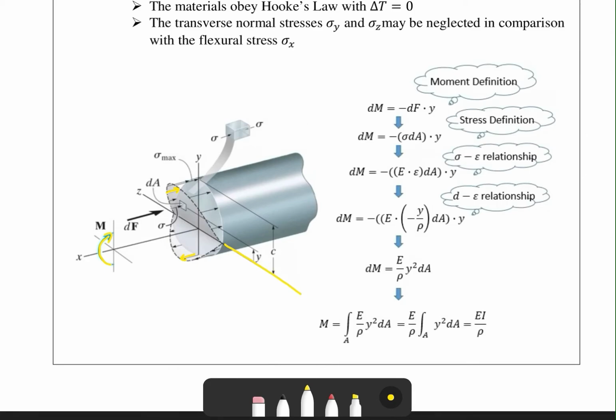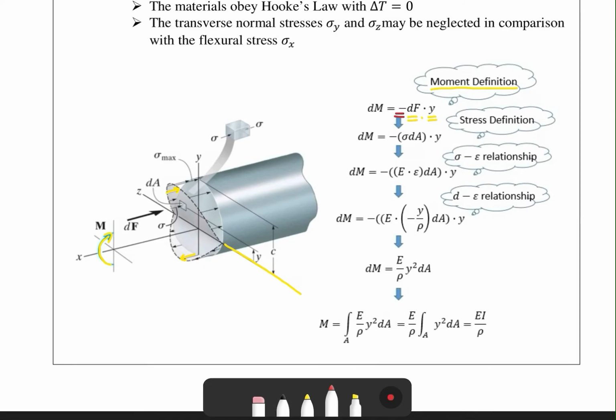So now let's see how we could calculate the moment. Based on the moment definition, it will be the force times the distance. So that's why we have dF times y here. However, when you use your right-hand rule, when you curl following the arrow, the compression above the z-axis here, you can see there is a negative sign here.